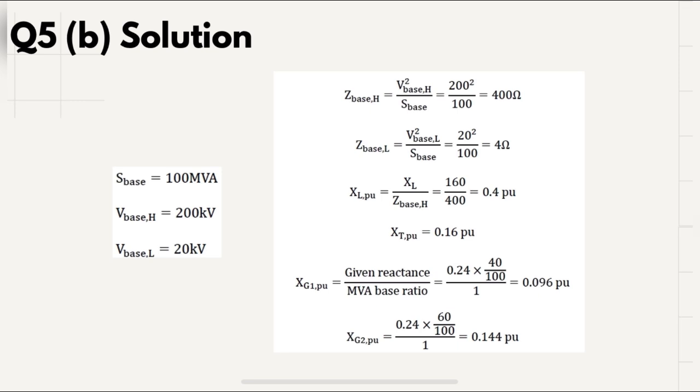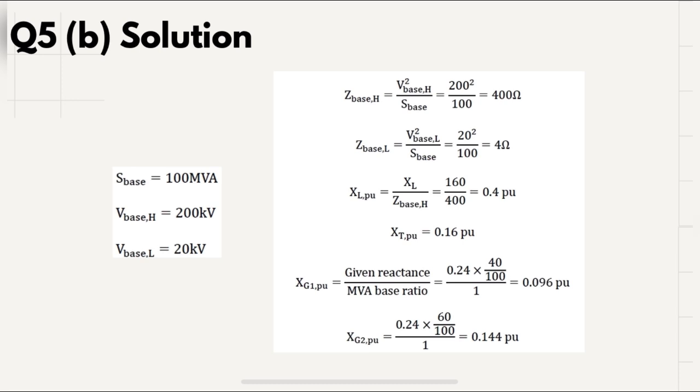And for the transformer reactance, that is already in per unit, 0.16 pu. Next, for the generator reactance G1, which is 40 MVA and 20% reactance, by using the formula we will get 0.096 pu.